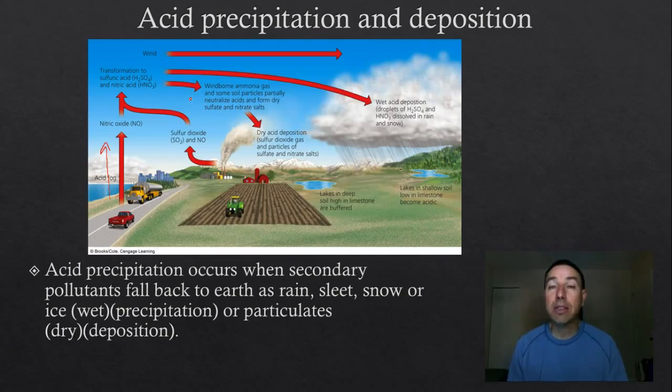Now rain usually has a slightly acidic pH already, but when you add these things to it, the pH lowers even more. You can have dry acid deposition from sulfur dioxide gas particles and sulfate and nitrate salts, and wet acid deposition from rain and snow. You can even have acidic fog. All of these are huge problems due to air pollution.